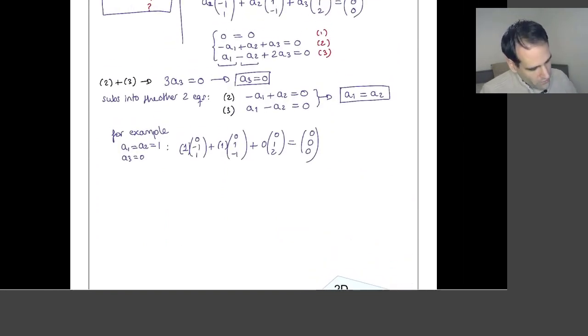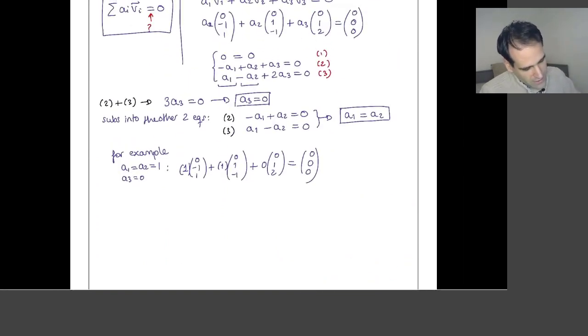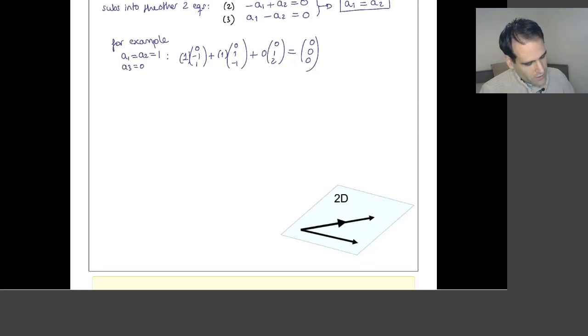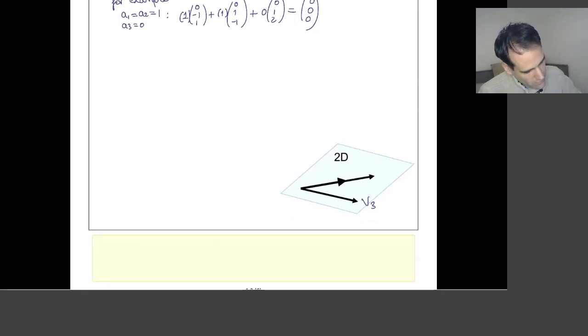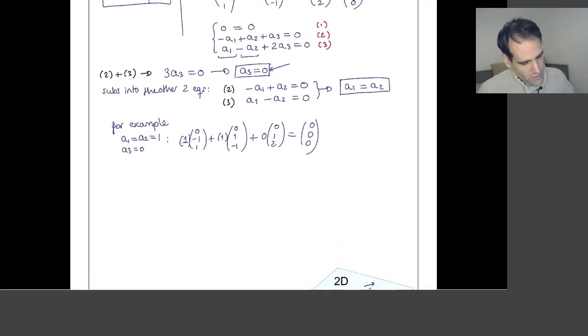So this means that this is how the vectors look like. We have one of the vectors that is indeed linearly independent of the other two, which is the third vector. So v3 is this one. But v1 and v2 are linearly dependent on each other. That's why we got this result that A3 has to be 0, but we can have a linear combination of v1 and v2, and we can still get to the origin, to 0.